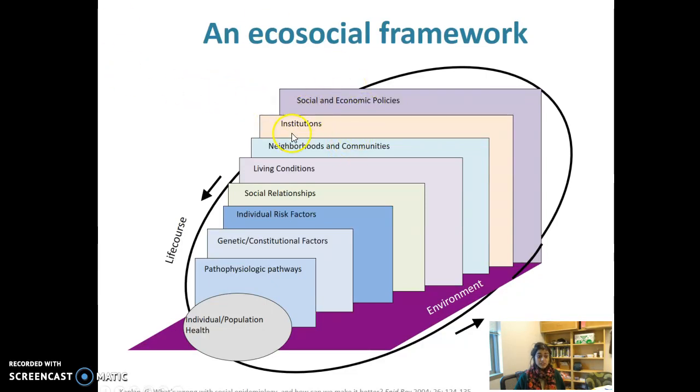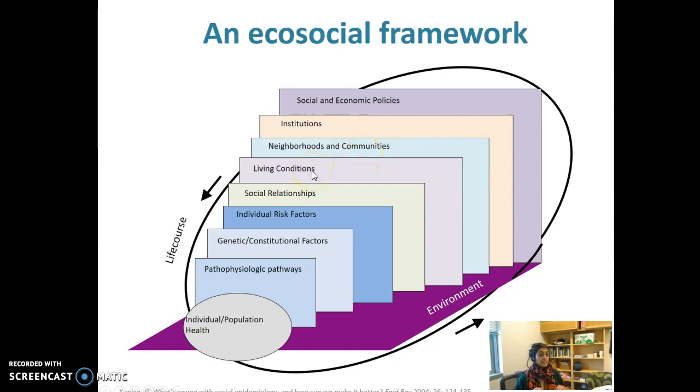The institutions, the schools, the prisons, hospitals, and many of our institutions in society also have a huge influence. Neighborhoods and communities, often health is measured at the level of a neighborhood or community because quite often social conditions are similar for people living in the same community.